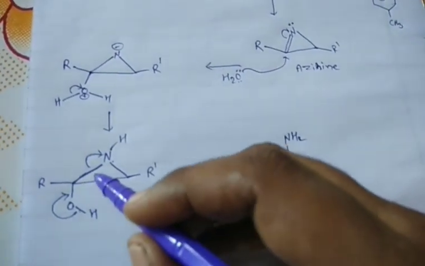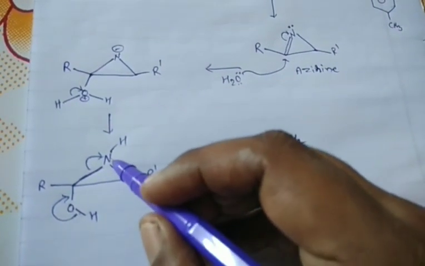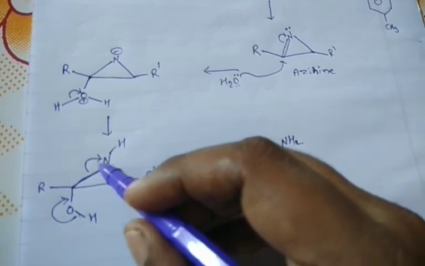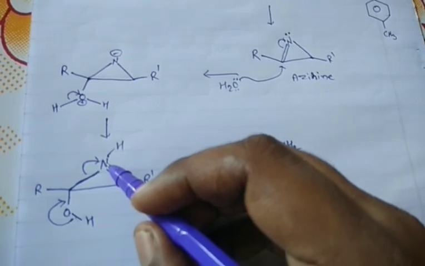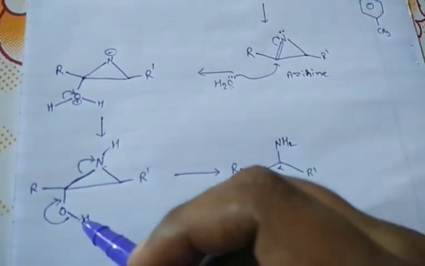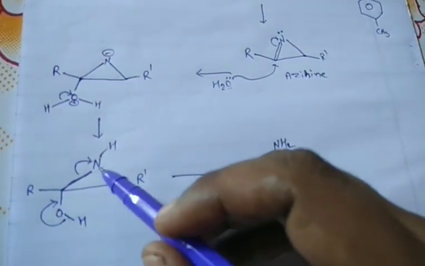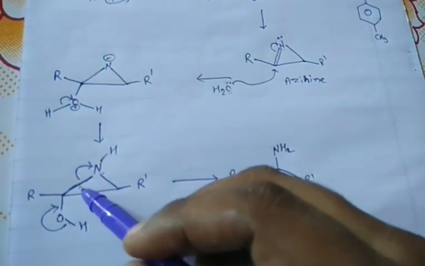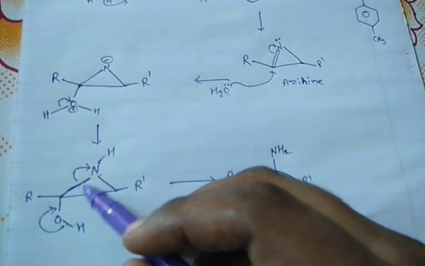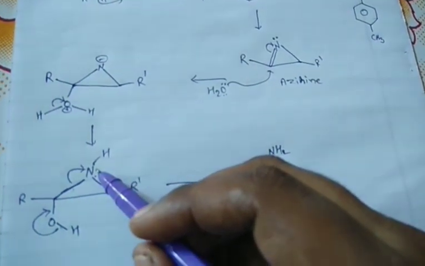And this bond between nitrogen and oxygen will break, and the nitrogen will have the negative charge. At the same time, this proton will be abstracted by this nitrogen, because due to breakage of this bond the nitrogen has the negative charge.